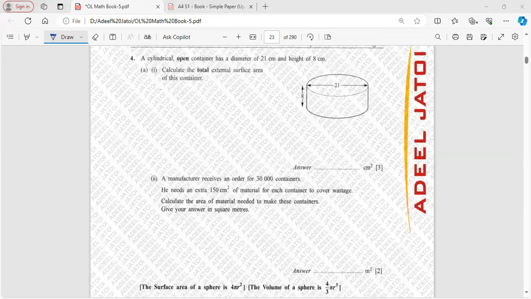Acha, bol kya raha hai, woh important hai. A cylindrical open container has a diameter of 21 centimeter and the height of 8 centimeter. Now, you already know that it's a cylindrical, an open container has diameter of what? 21.